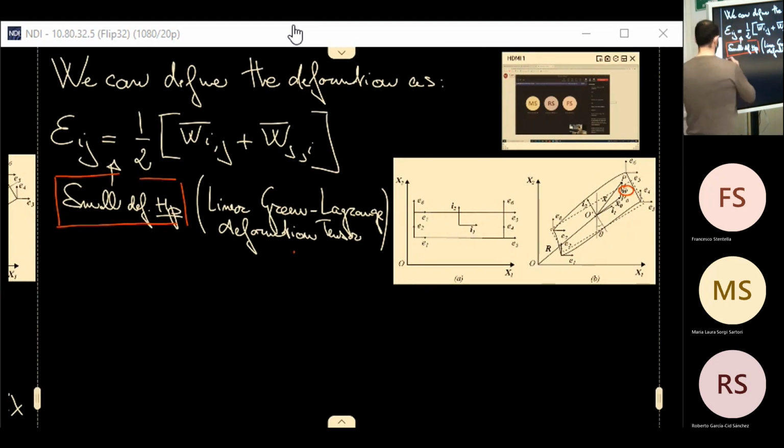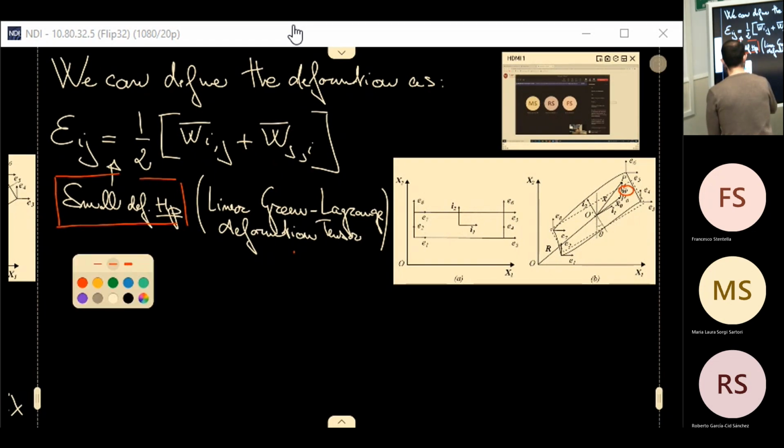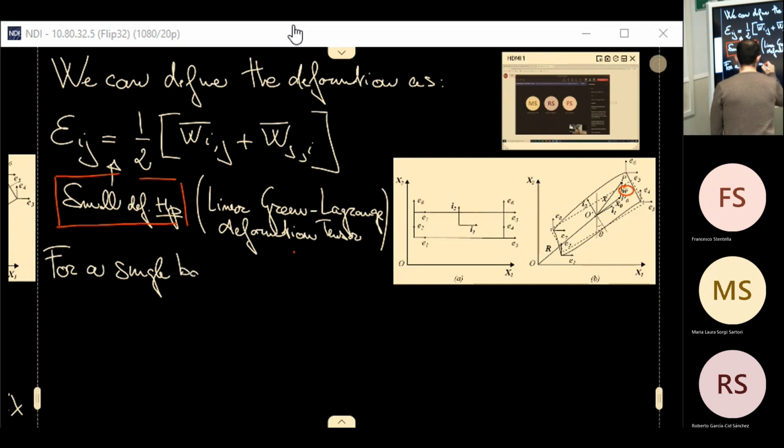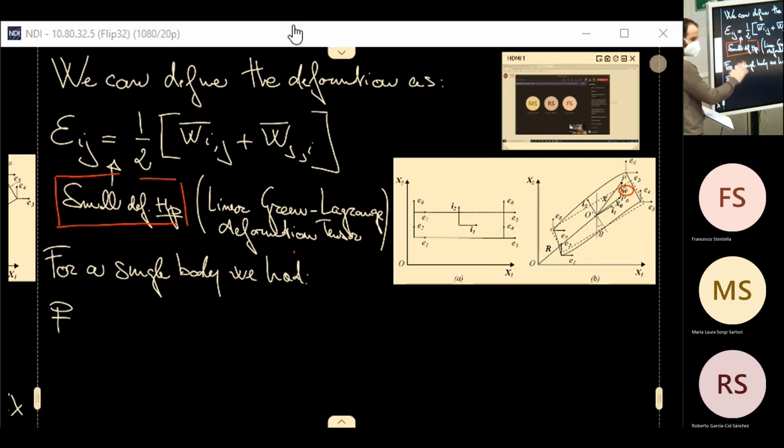All right, if you remember, for a single body we have the following. The position of a point described with respect to the inertial frame, and this is the typical writing, is what?